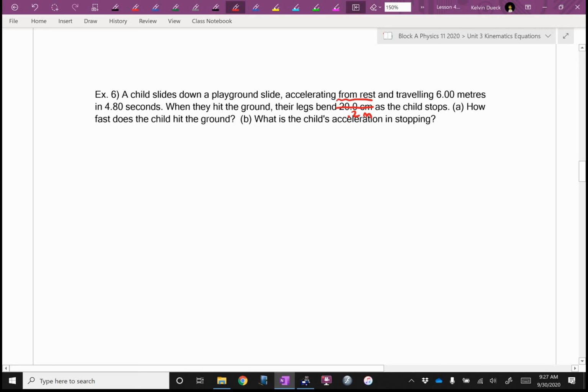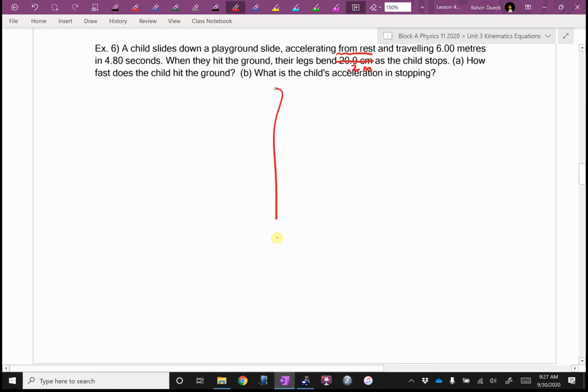I think this question has 2 parts: on the slide and on the ground. So what I'm actually going to do is divide my page into 2, and here is going to be slide, and here is going to be ground.